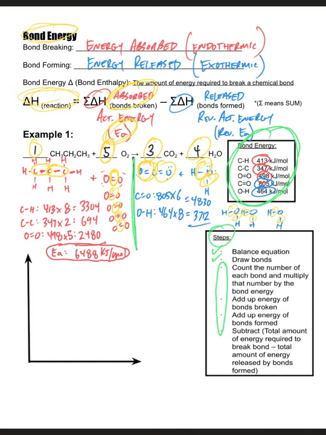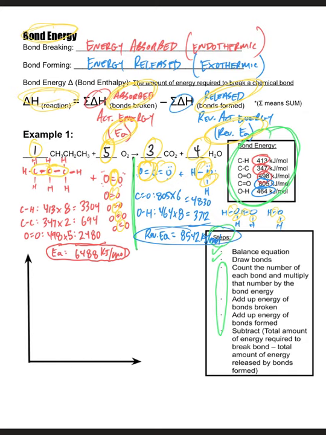So I'm going to add those up, and I'm going to get 8,542 kilojoules per mole. That is how much energy is released in this particular reaction, or in other words, the reverse activation energy. So I'm going to label this as reverse activation energy, or the amount of energy that is released.